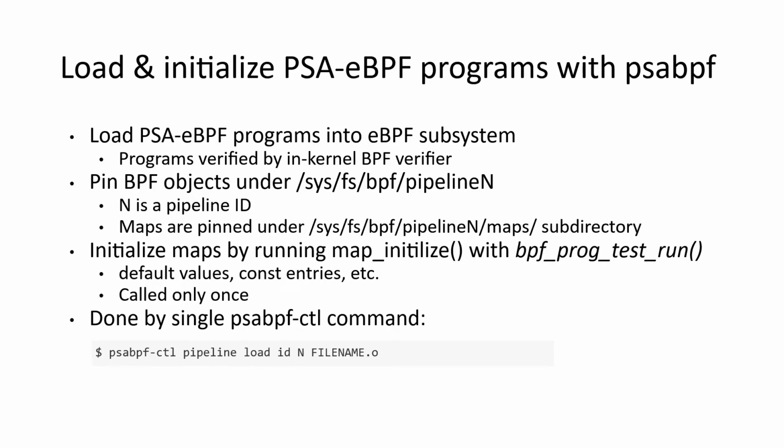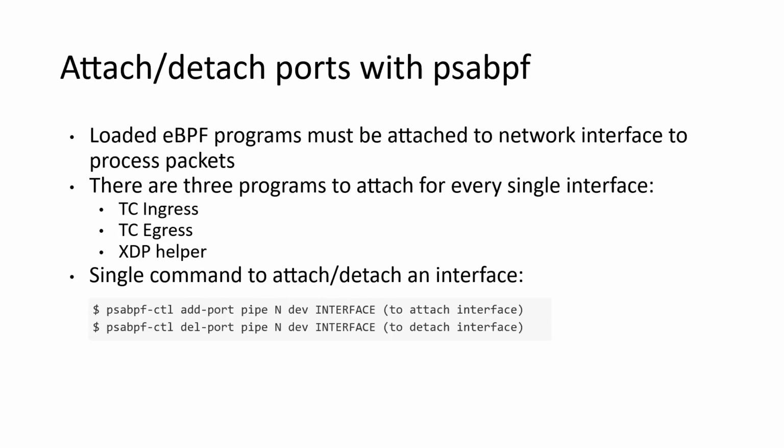compiled PSA eBPF programs. When PSA eBPF programs are loaded into the eBPF subsystem, they do not process packets unless they are attached to one or more interfaces. There are three PSA eBPF programs to attach to an interface: ingress pipeline, egress pipeline, and XDP helper.